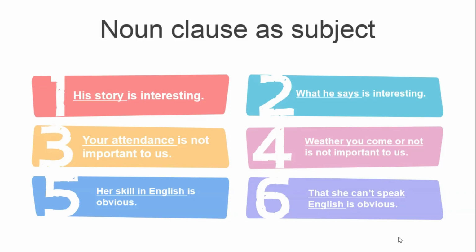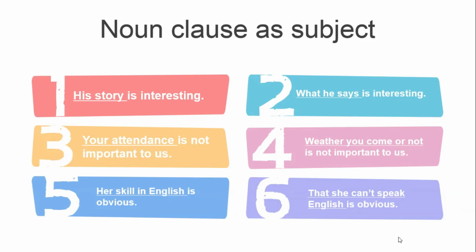Because it is a noun, we can change it to a noun clause: what he said is interesting, what he thought was interesting. Here the difference is that at the top the subject is a noun, and at the bottom the subject is a noun clause.